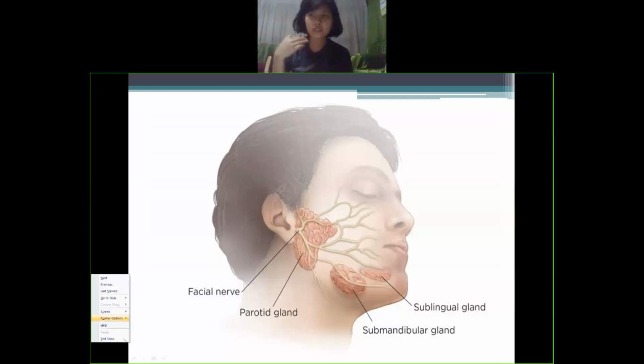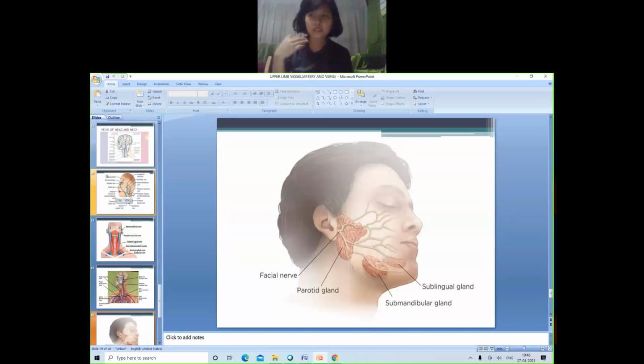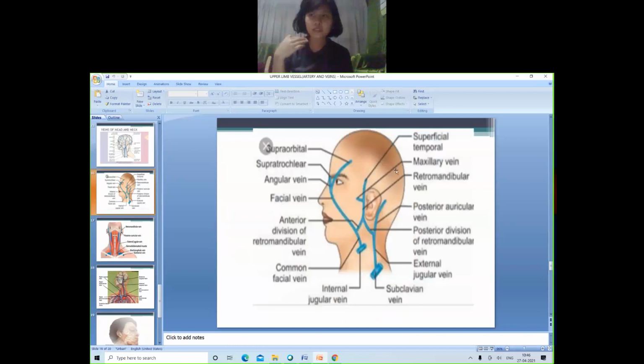Wait, let me show you. Yes, this one. This is the maxillary vein. This superficial temporal vein lies here. They will form in the parotid gland and unite together.